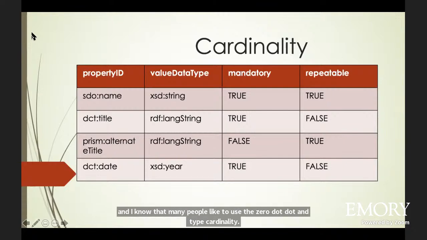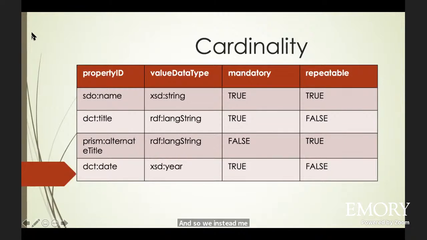We weren't sure that that was universally known. And so we instead used mandatory and repeatable, which we thought would be more in the line of speaking to someone who doesn't code.